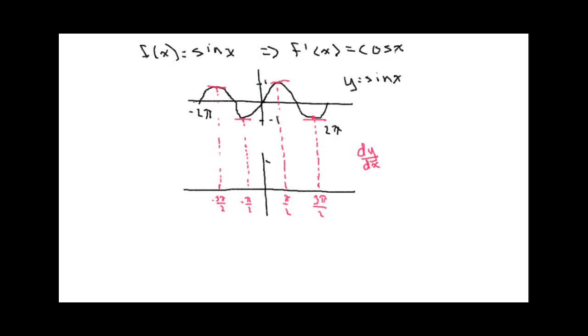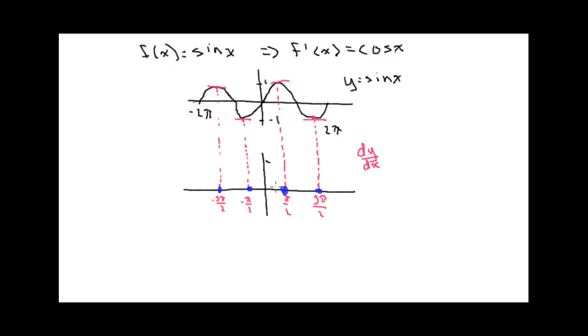Grab another color. Alright, so we have this point, this point, this point, and this point. So we know that the derivative goes through these points. Those are the x-intercepts of our derivative.